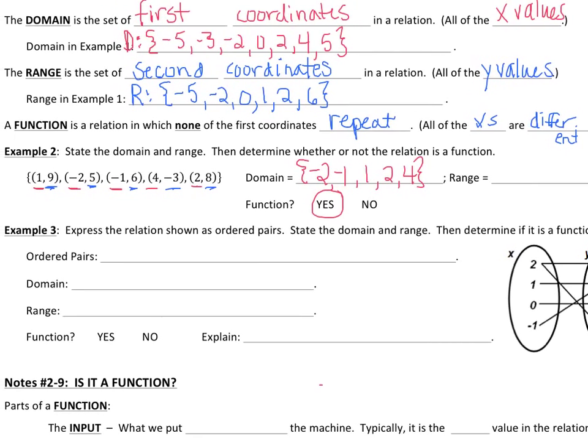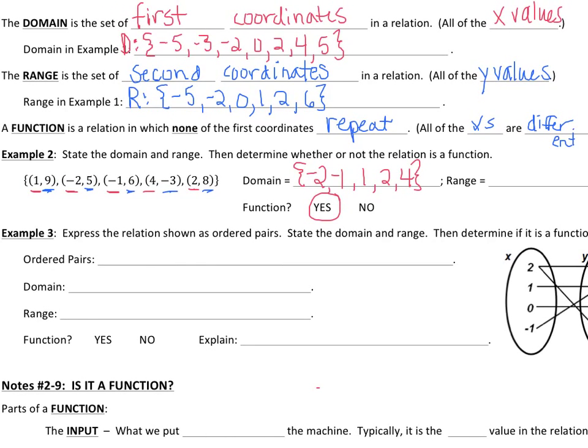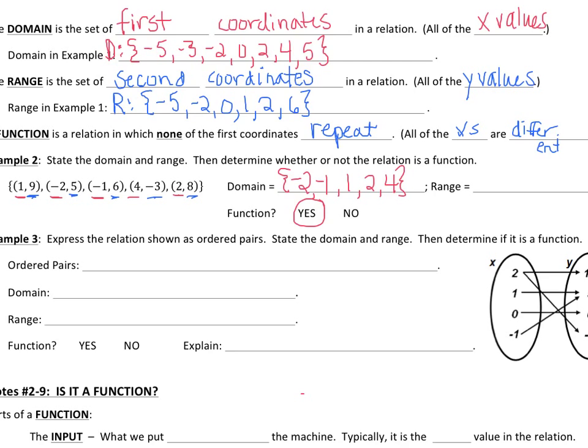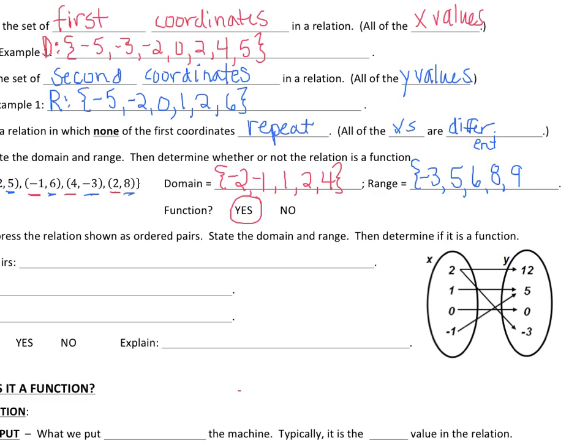Okay, so the least value would be the -3, then we would have a 5, then 6, and then 8, and then 9.